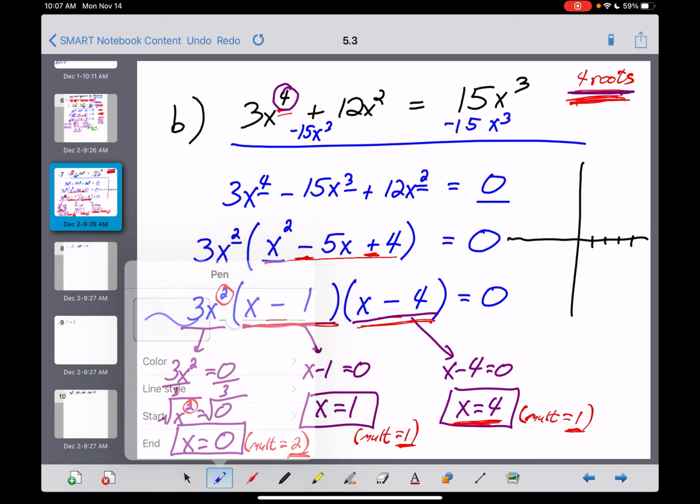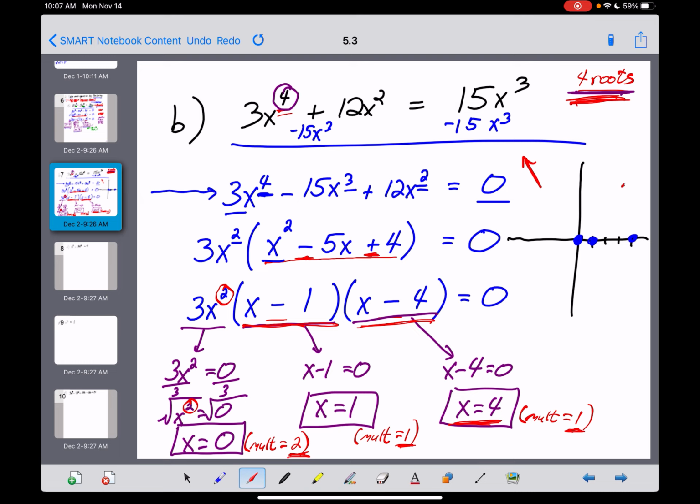So this graph is going to touch the x-axis at 0, and again at 1, and again at 4. Now, this is a positive 4th degree function. So our end behavior is going to take us up on the left and also up on the right. So that tells me that this graph is going to do this over here on the left and also kind of the same thing over here on the right.